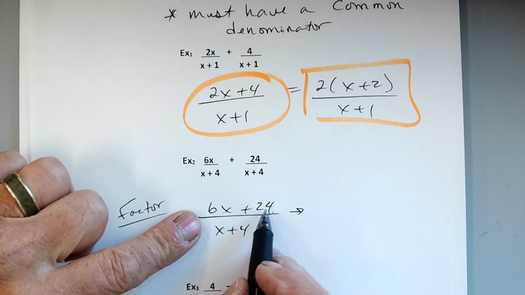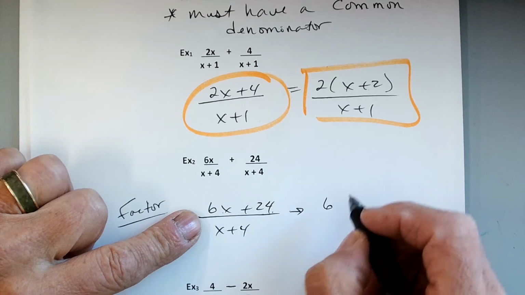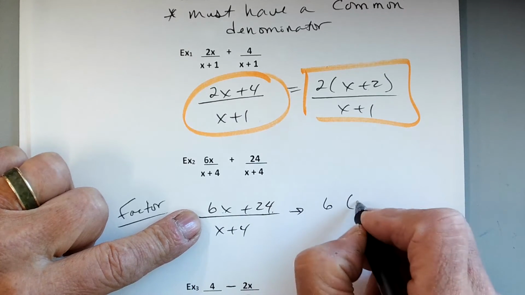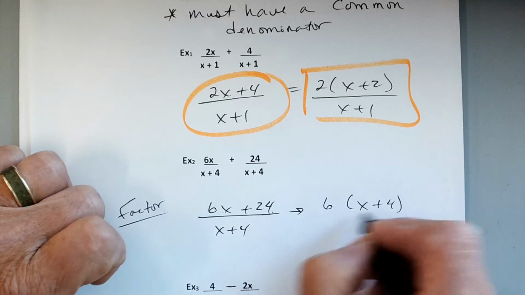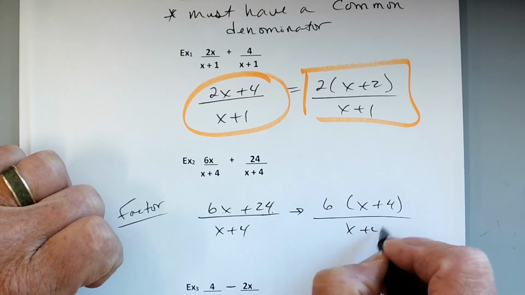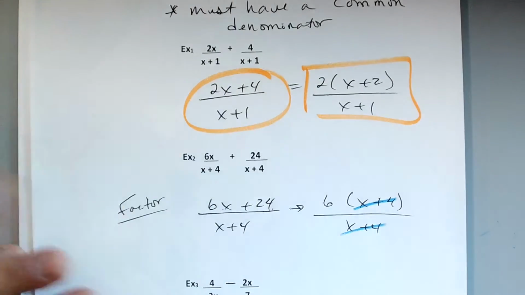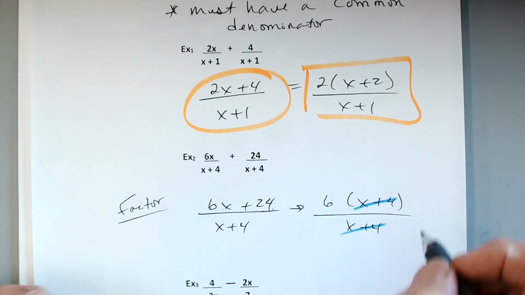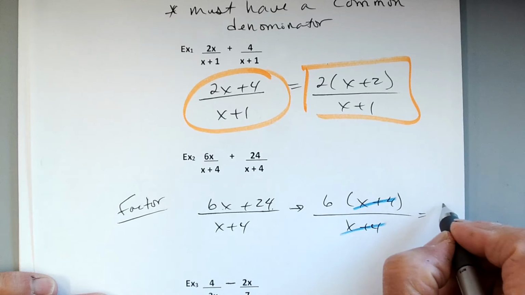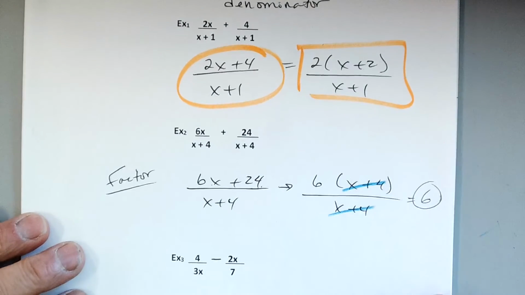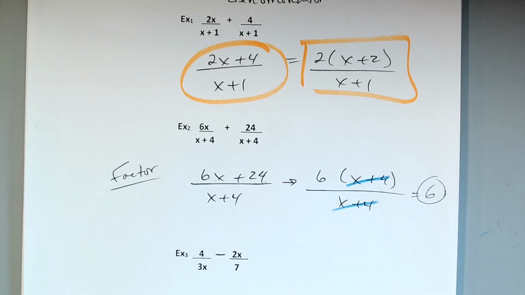I common factor out a 6, and then lo and behold, I'll have a 6 times x plus 4, which is nice to have, because if I common factor out that 6, then I can cancel x plus 4 with x plus 4, and all I'm left with is just 6 is the answer. How's that?